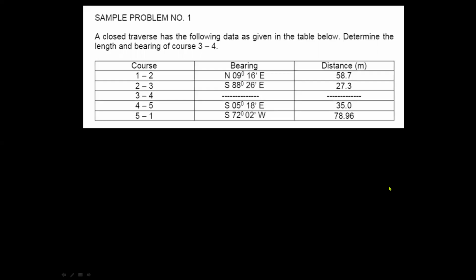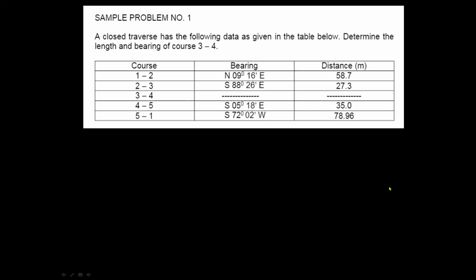And in order to understand better our case number 1 under omitted measurement, I prepared a sample problem. A closed traverse has the following data as given below. So we have to determine the length and bearing of course 3-4 or the line 3-4 ng ating lote.